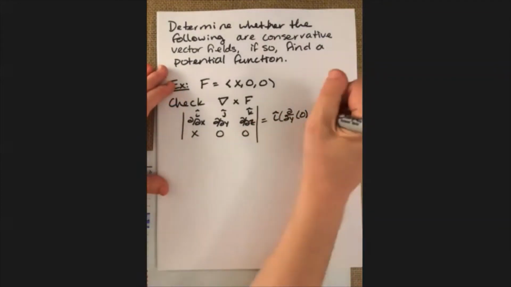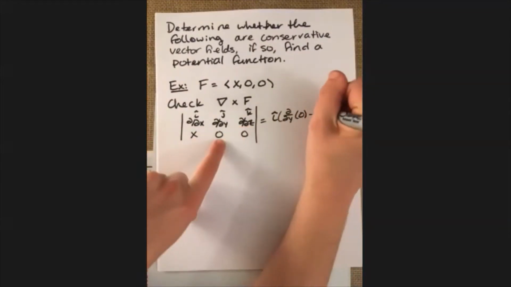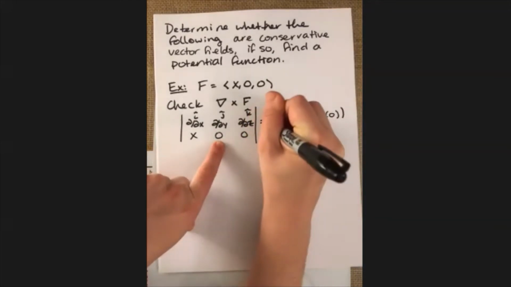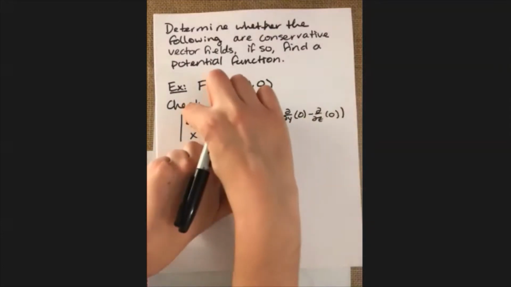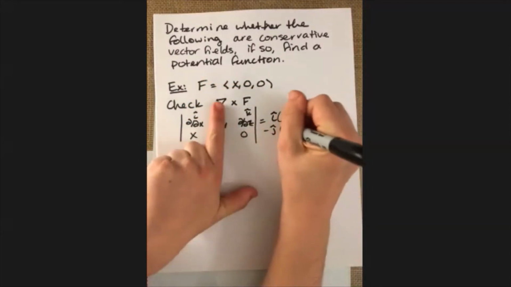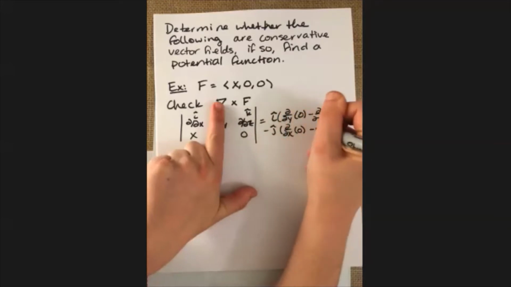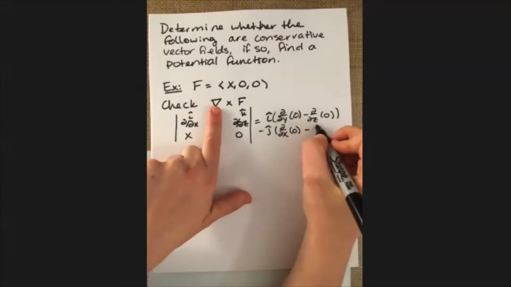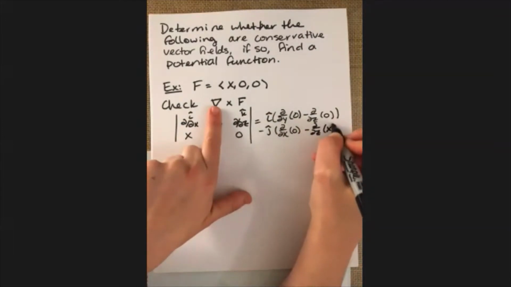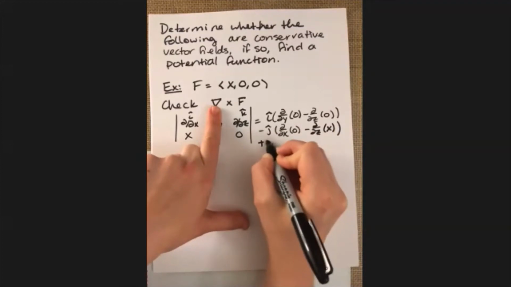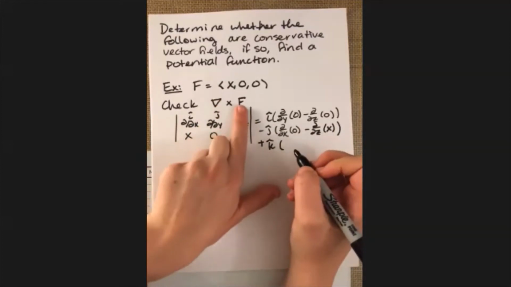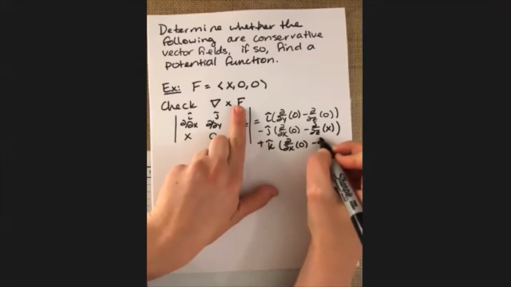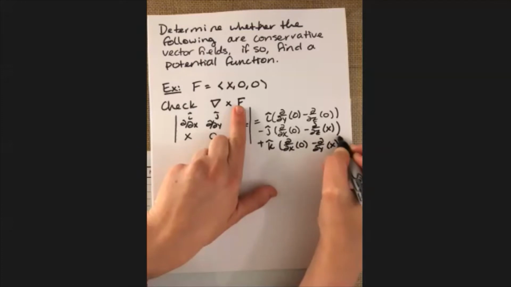We're taking the derivative of 0 with respect to y, and then minus the derivative with respect to z of 0, minus j hat of, now we're going to take the derivative with respect to x of 0, minus the derivative with respect to z of x. And then plus k hat times partial with respect to x of 0 minus partial with respect to y of x.